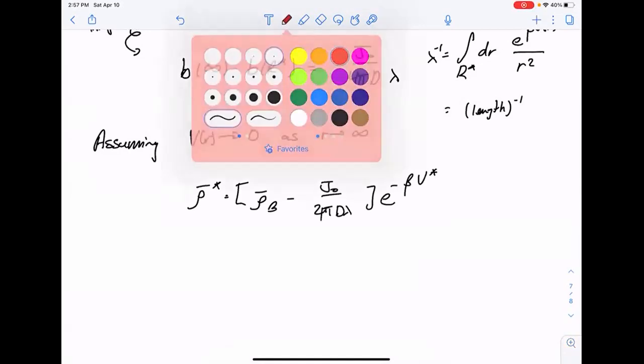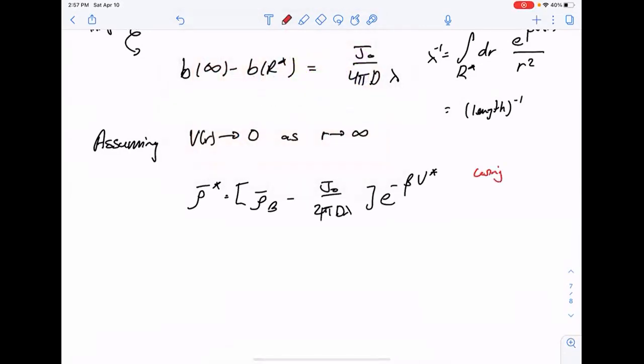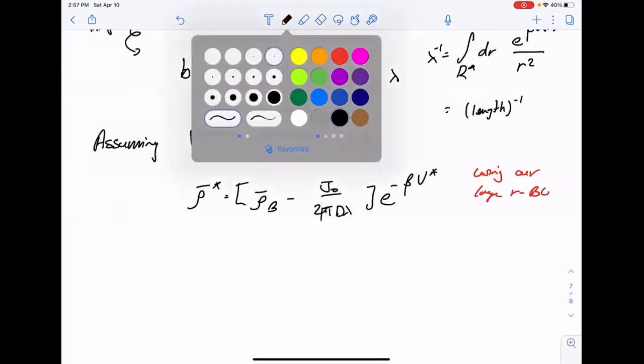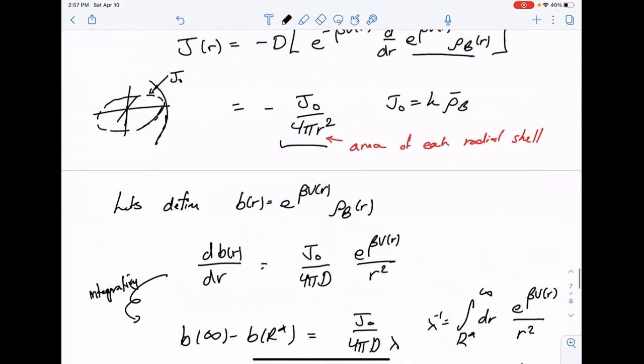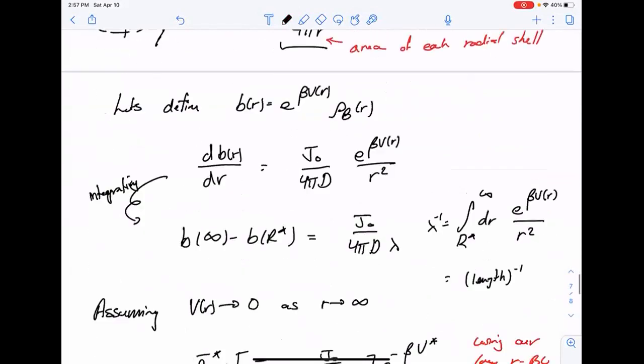This is using our large R boundary condition. Now we can eliminate J naught because J naught was just K times rho B bar.